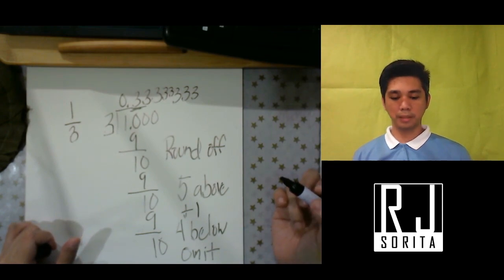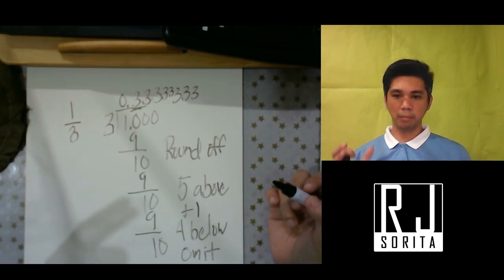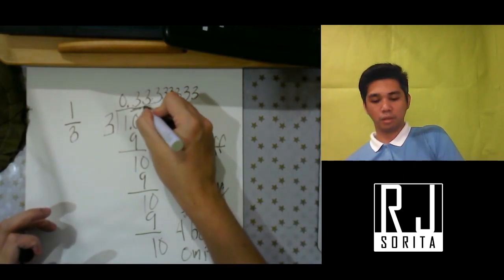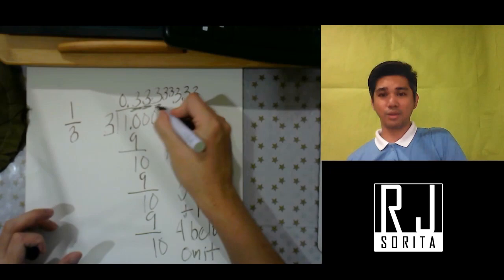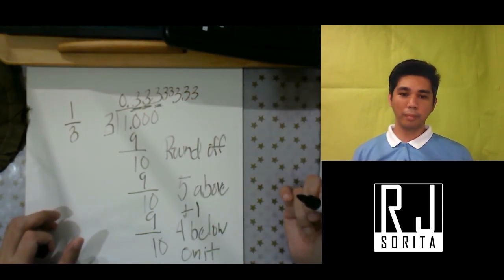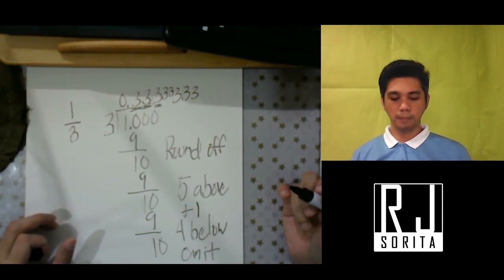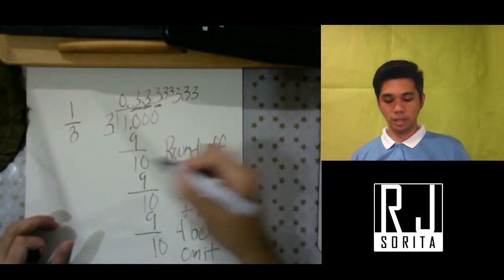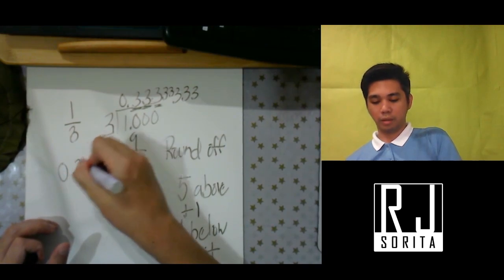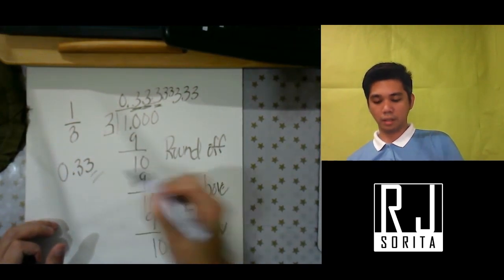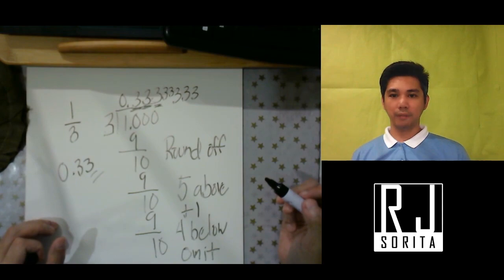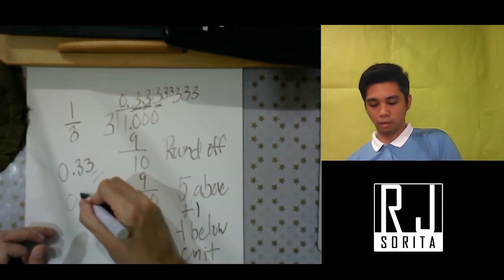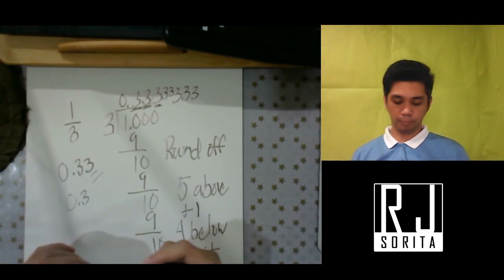If the problem says you have to round off in the hundredths, you have to round off here, hundredths. So let's say you have to round off in the hundredths. The answer would be 0.33. But if we are going to round off in the tenths, the answer is 0.3 only.